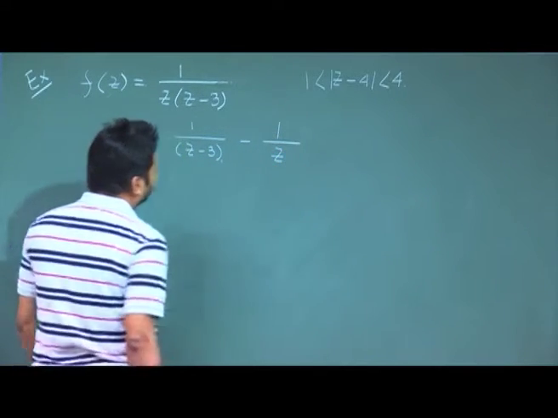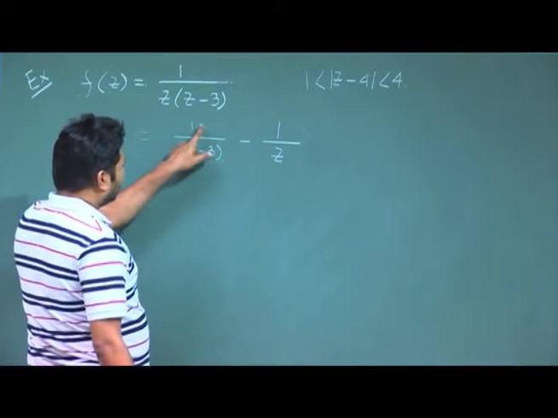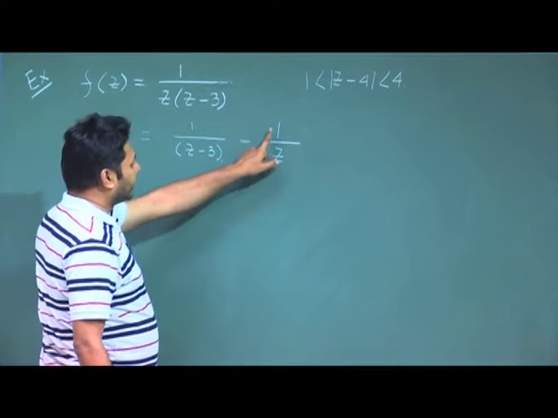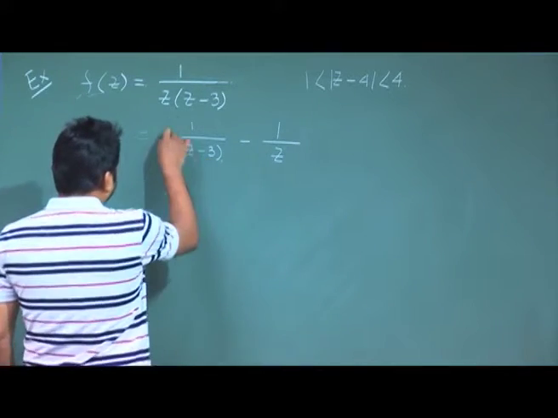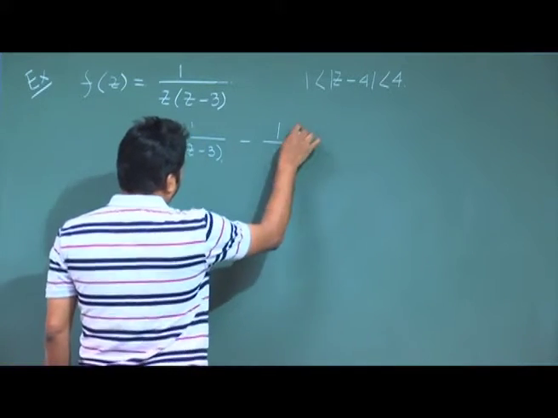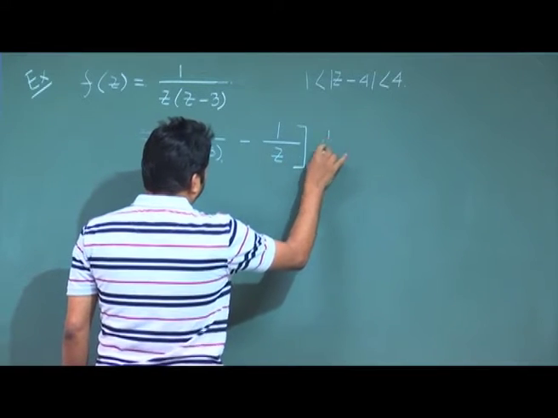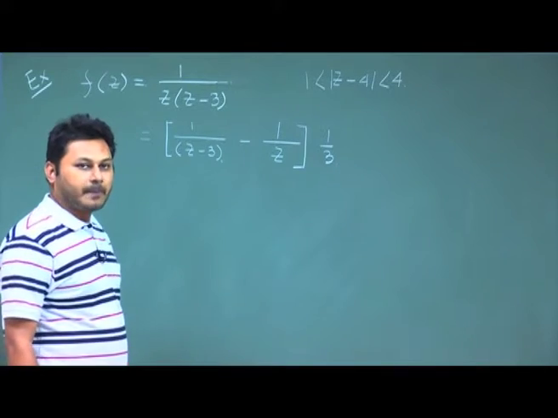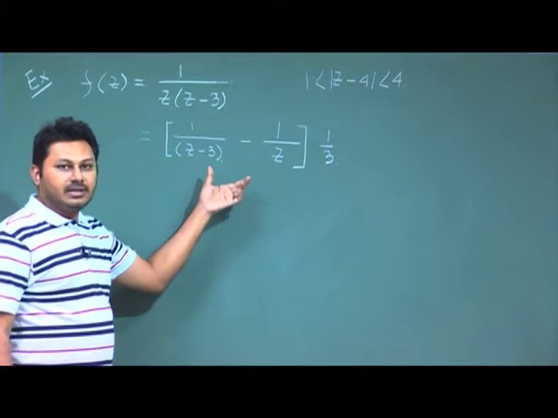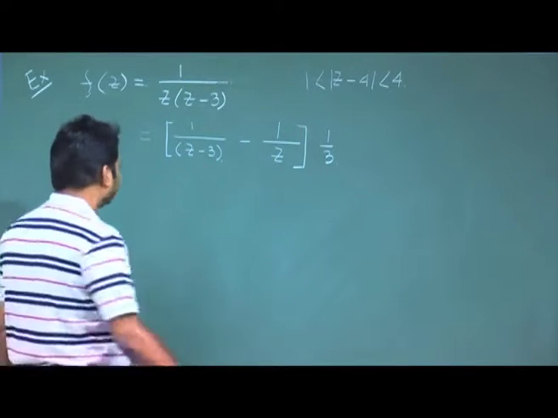If I do, then this z comes here, z minus 3 comes here, z will cancel out, but one extra 3 term we will have here. So, I need to take care of this with this 1 by 3 term.